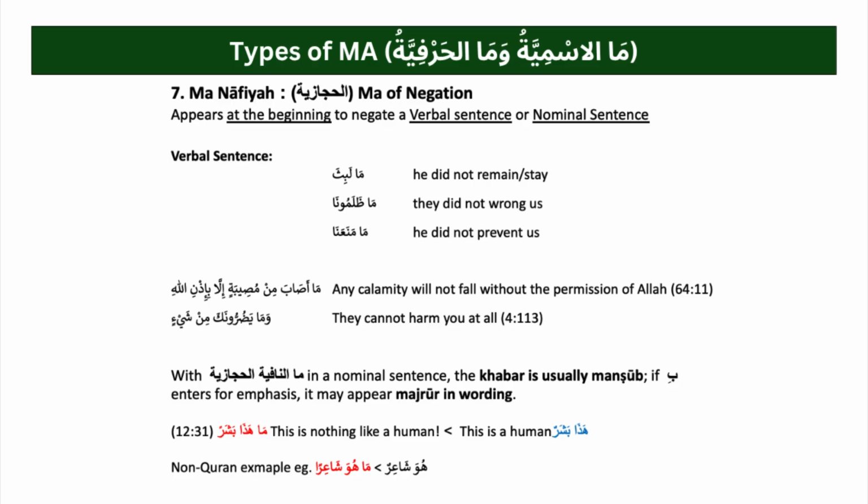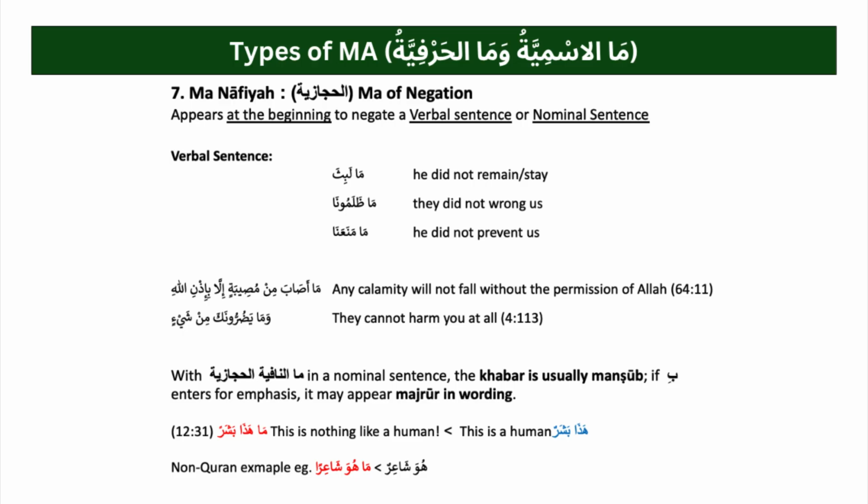This is a subtle but very important rule. The slide gives the famous Quranic example, Ma hadha basharan. This is nothing like a human. Then it contrasts it with the ordinary positive sentence, Hadha basharun. This is a human. So here, the student can clearly see the difference.